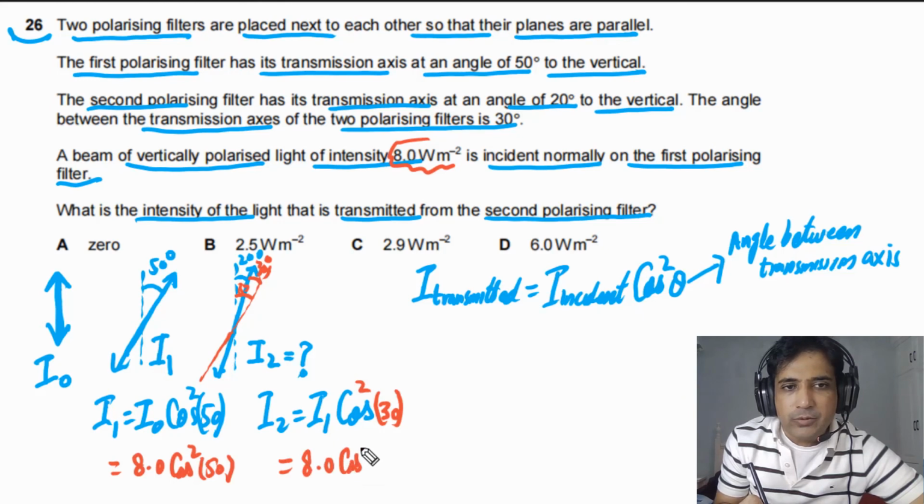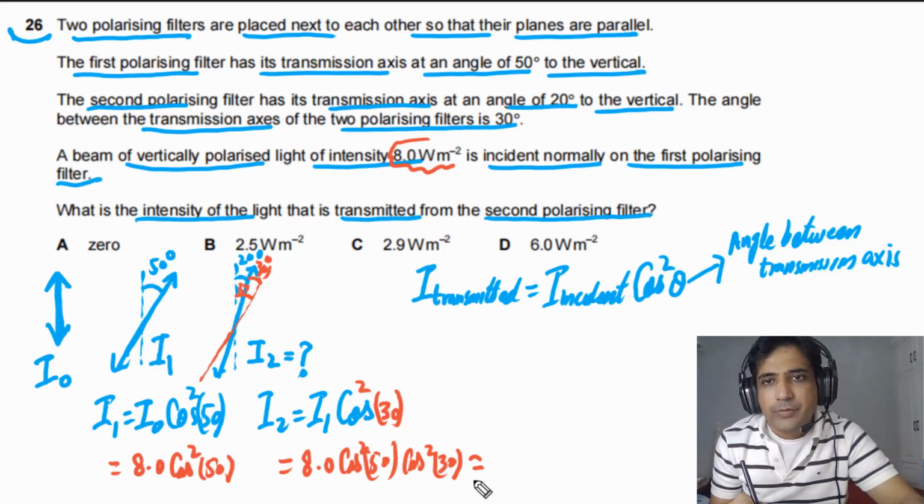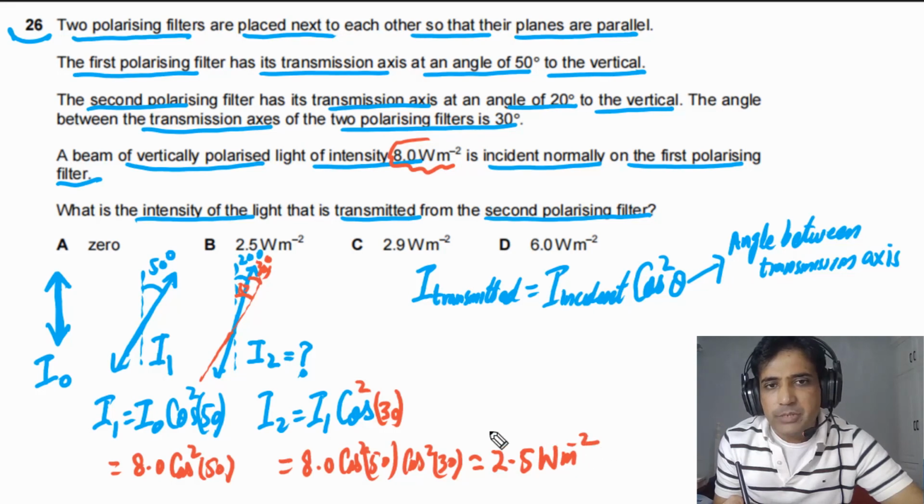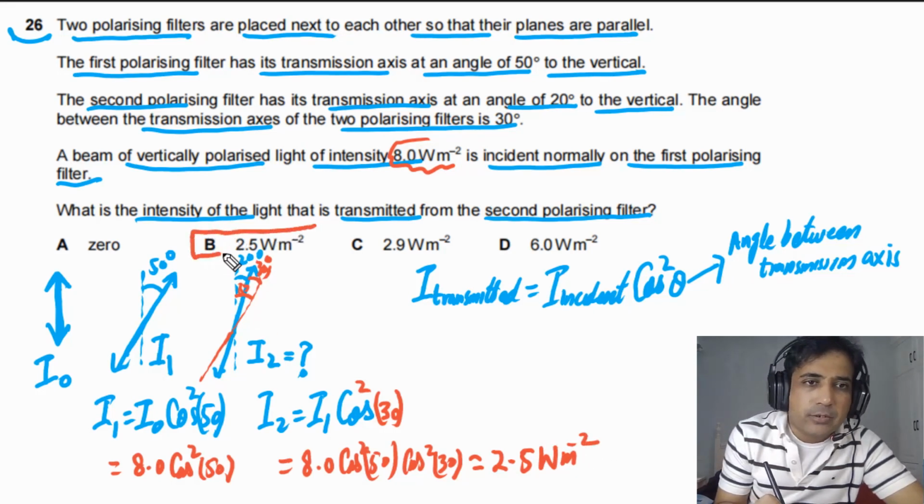We have cosine square 50 degrees and we have cosine square of 30 degrees. And now if we solve this, we will get our final value of I2 is equal to 2.5 watts per square meter. So the answer for this question is B.